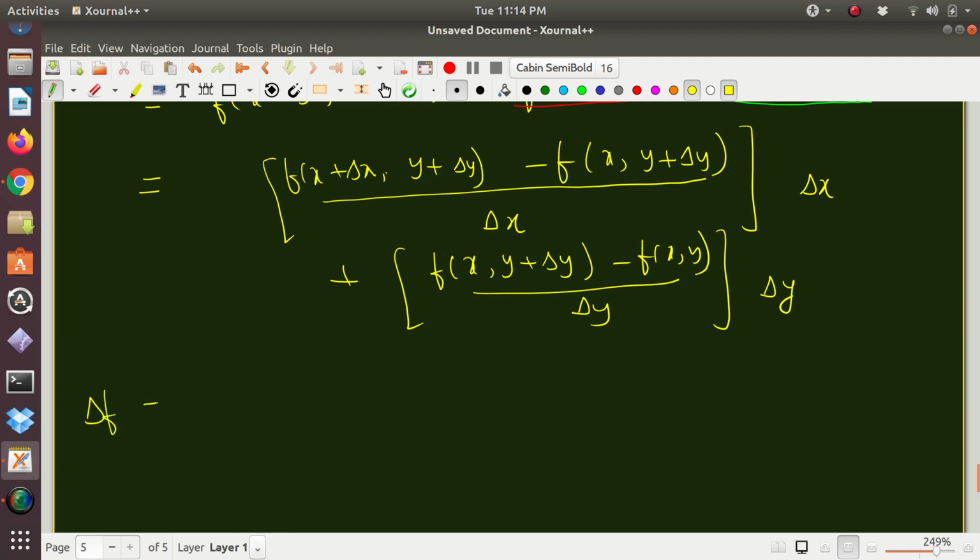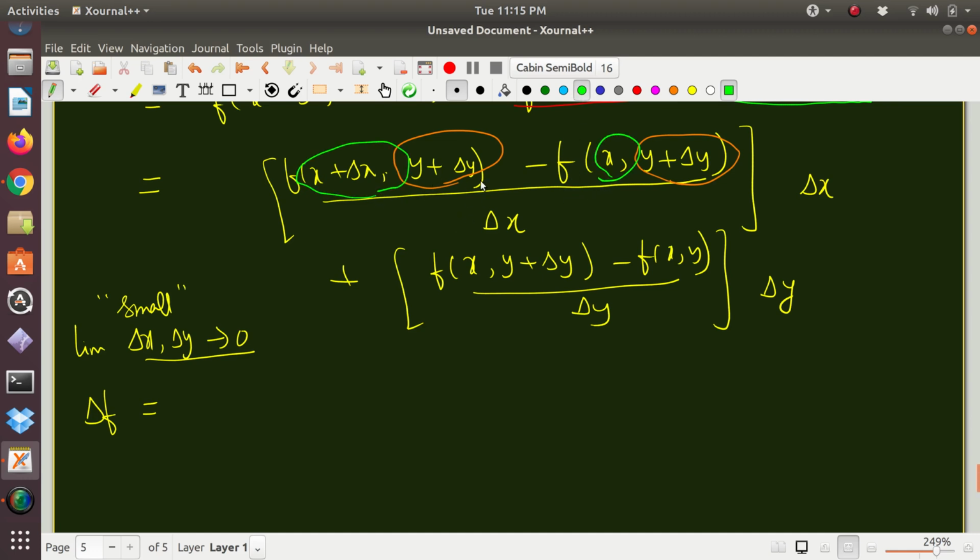So delta f, in the limit when delta x, delta y tend to 0, because these are infinitesimal or small quantities, is nothing but, now what can we say about this? Here we are changing only delta x. If you look at this expression, y is fixed at y plus delta y, so the only variable that is changing is x from x to x plus delta x.